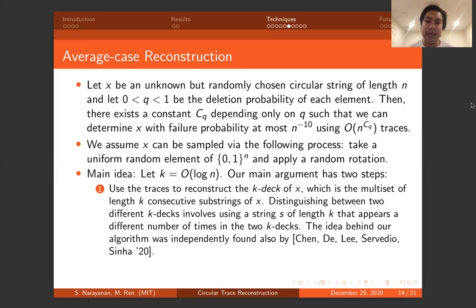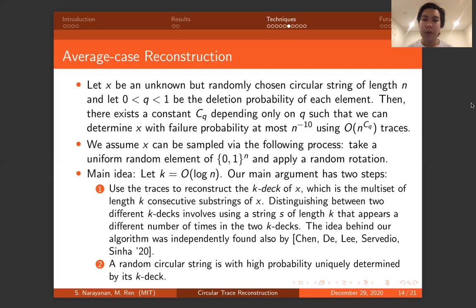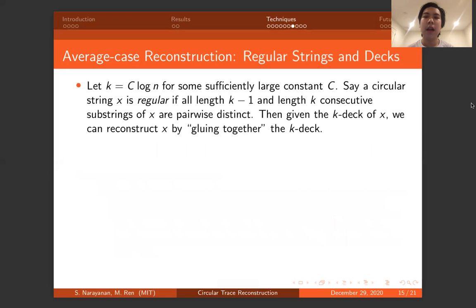Once we have the k-deck, we can show that with high probability, a random circular string is going to be uniquely determined by its k-deck. So we use the traces to get the k-deck, and then we recover with high probability the string from the k-deck.